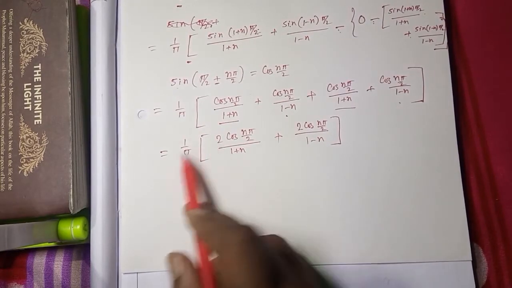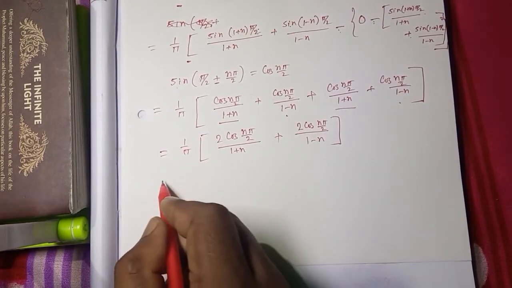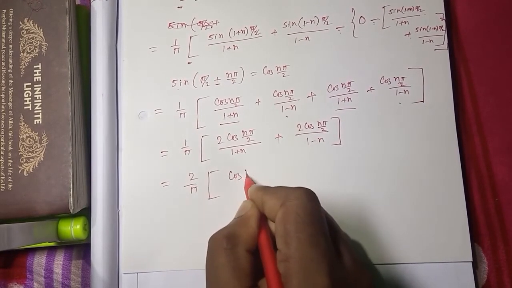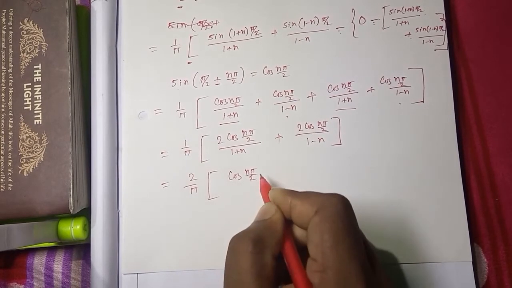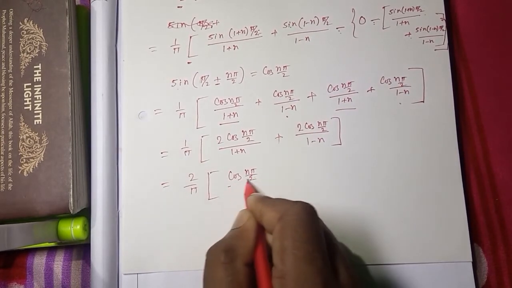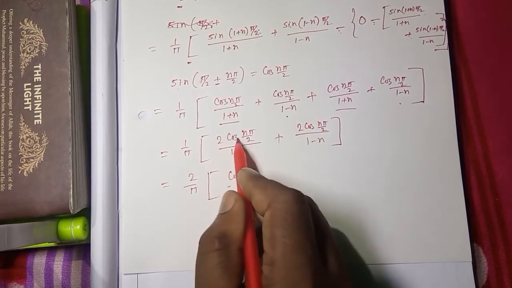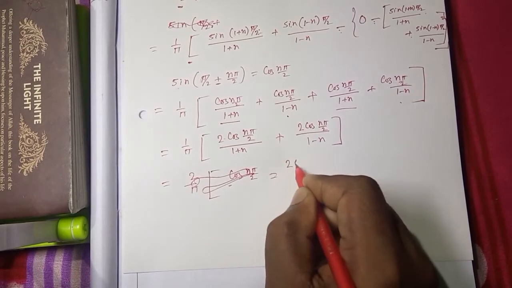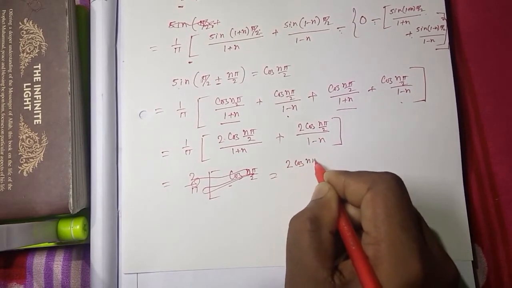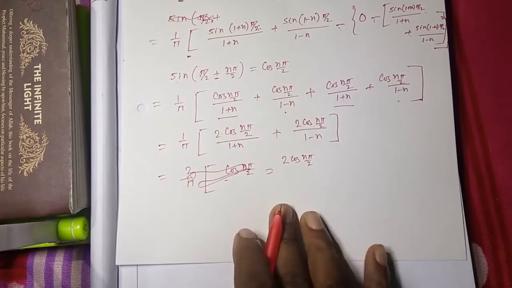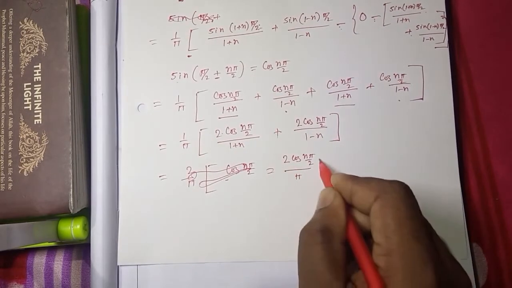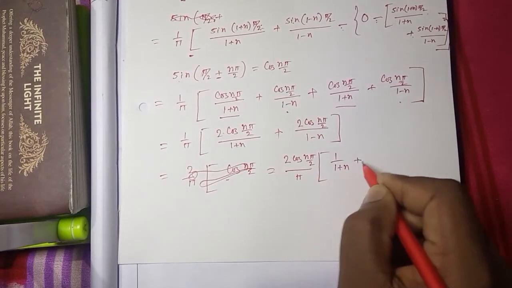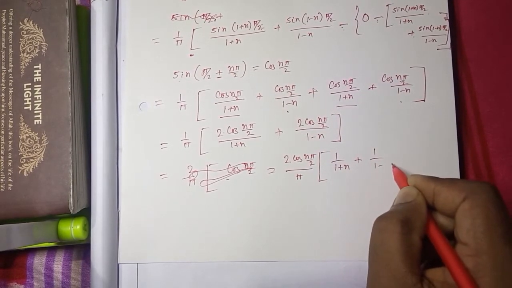If we take common 2 here and here, 2 by pi cos of n pi by 2, if we take common 2 cos of n pi by 2, then what comes: 2 cos of n pi by 2 divided by pi, 1 by (1 plus n) plus 1 by (1 minus n).